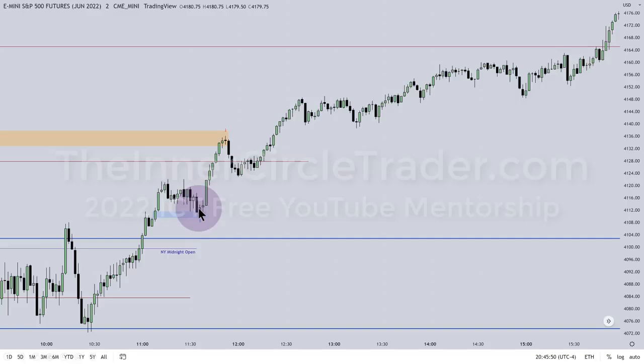And then it took 1, 2, 3, 4, 5, 6, 7, 8, 9, roughly 20 minutes to deliver that expectation in price. So it went from a discount. How is this a discount? We moved from the low to here. Think about what's been shown. We are above the New York midnight opening price. So the market dropped down to a discount, creating the low of the day.